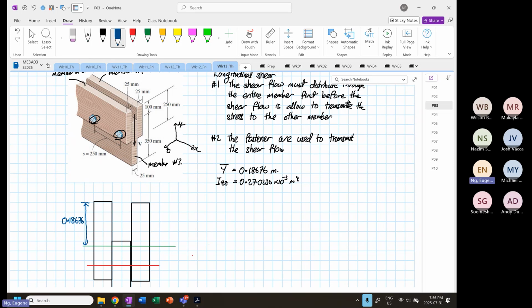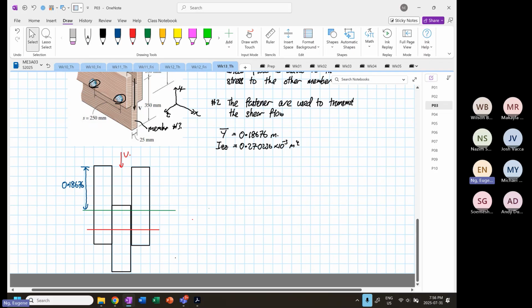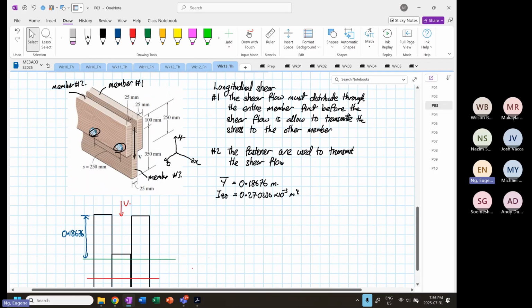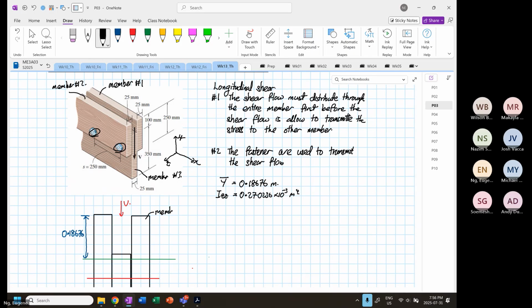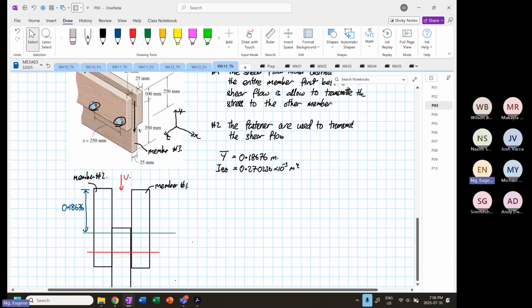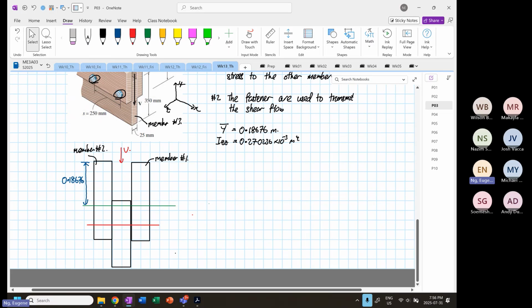So what did the rule say first? Right? The shear flow must distribute to the entire member. Right? So we label this as member number 1 and we label this as member number 2. Now, because this is also a wide flange, you can just consider one side.